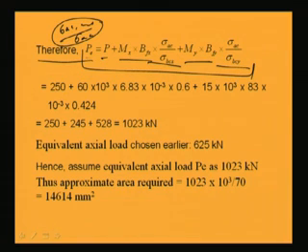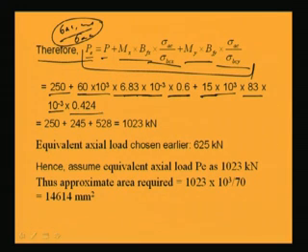So we are getting the equivalent load as 250 plus mx, which is 60, into BFX, which is 6.83 into 10 to the minus 3, into sigma AC by sigma BCX, which we have assumed as 0.6 because we do not know the sigma BCX value, plus the moment in y direction my, which is 15 into 10 cube, into BFY, which is 83 into 10 to the minus 3, into sigma AC by sigma BCY, which is 0.424.